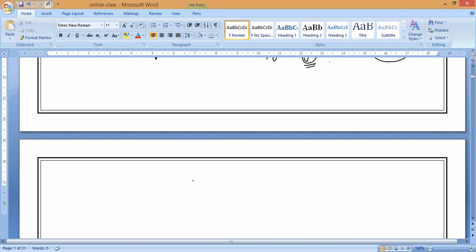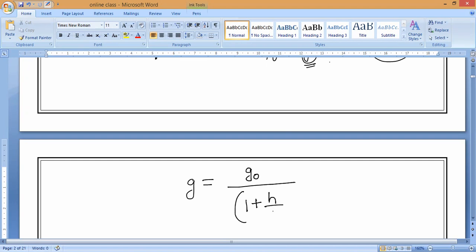What is g naught? g naught is the gravity at the surface level, the acceleration due to gravity at the surface of the earth. 1 plus h divided by r, whole square.